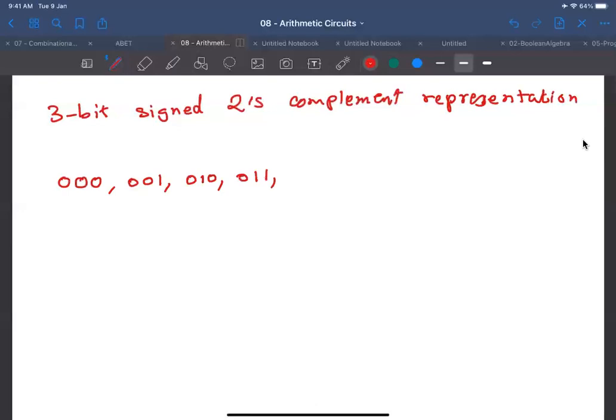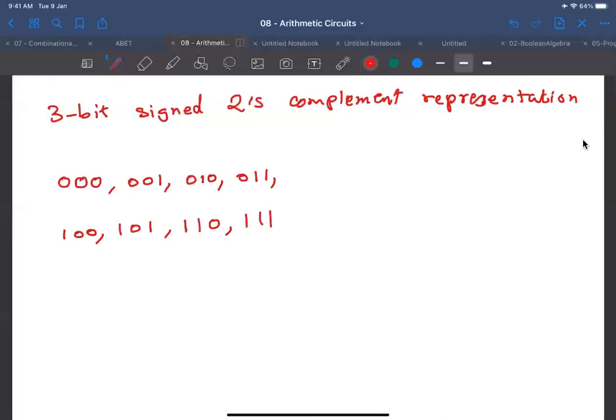That's the maximum positive number that we can get. So the next number that we get is going to be negative, right? So this is 100, going to be some negative number, because the sign bit is negative. And then 101, and then 110, and then 111.